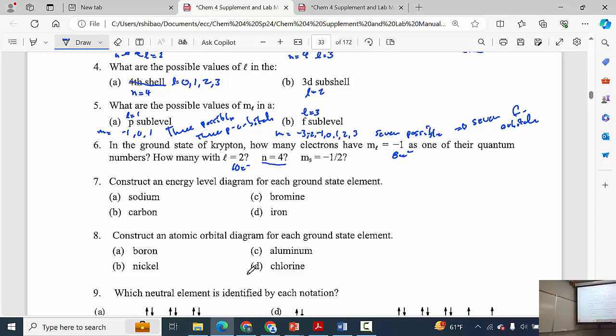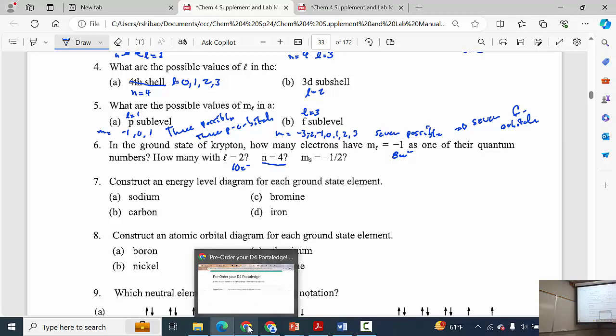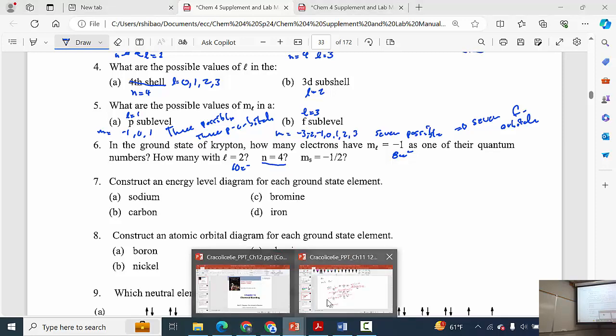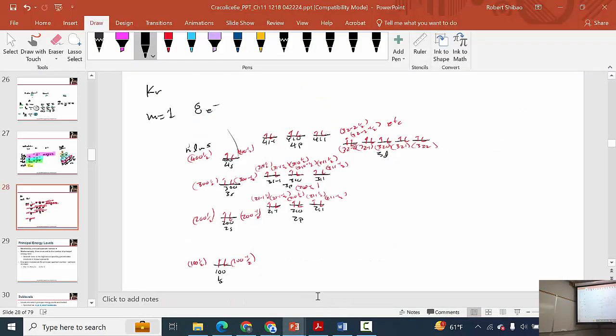How many electrons with N equals 4? 6 is not correct. 8.